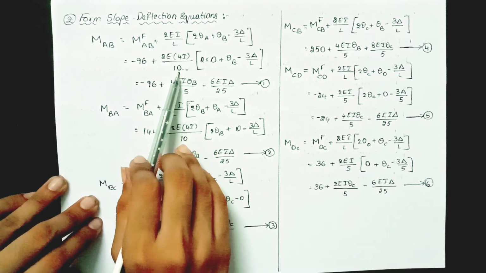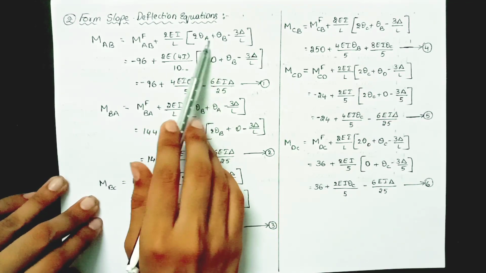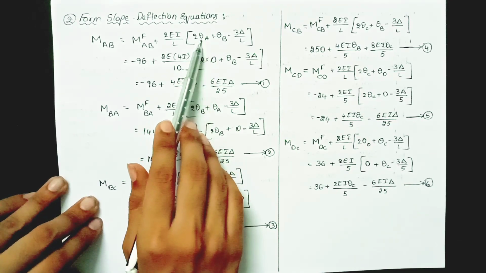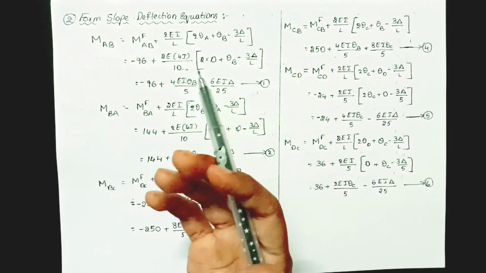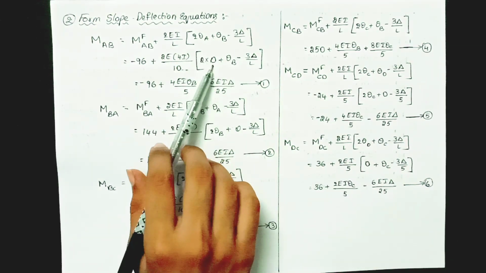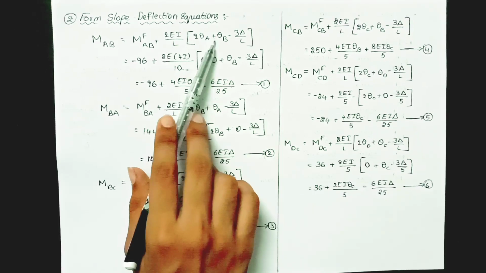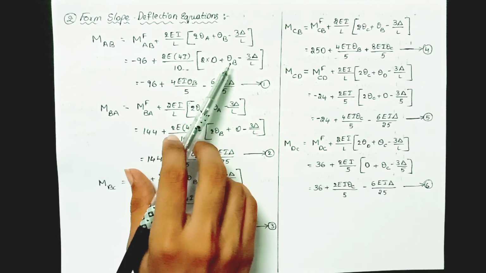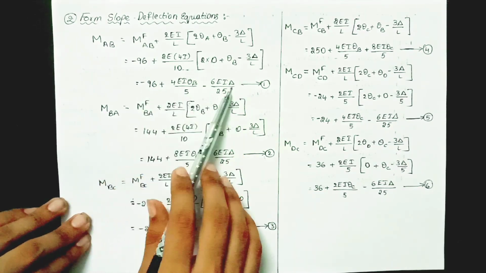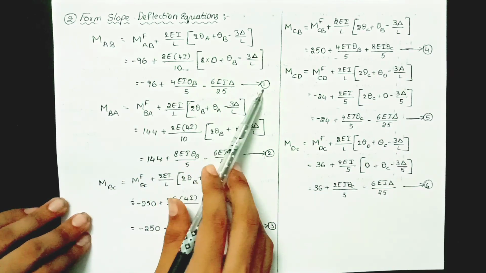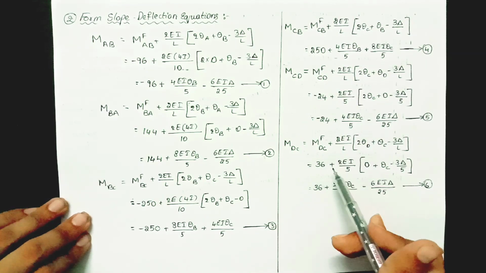So we can substitute directly here, and these theta values are nothing but slopes. If the support is a fixed support, the slope will be 0. If it is a joint, then it will remain as it is. The remaining is 3 delta by L. And after solving, I got some equation. So similarly calculate all the equations.